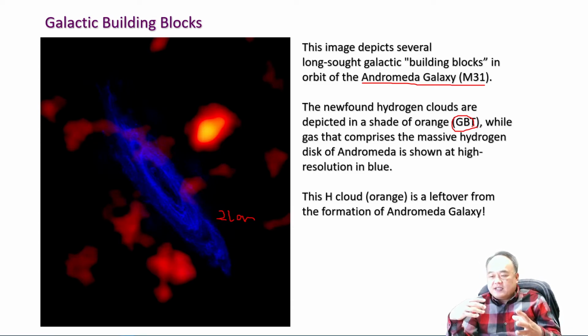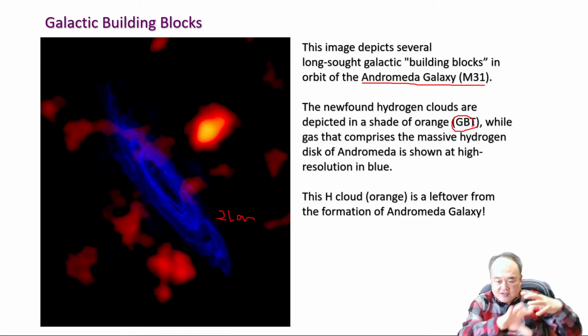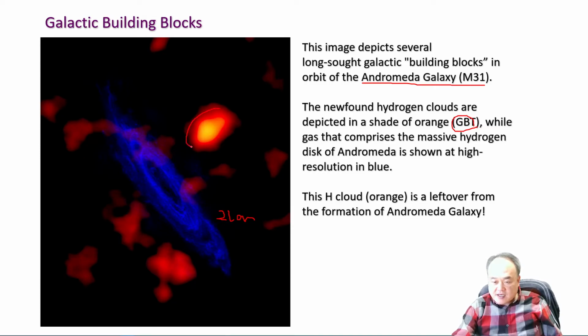So this Green Bank telescope looked around the Andromeda galaxy region and found a concentration of hydrogen blobs. The detection of a blob so close to M31 cannot be a coincidence, so we believe these are connected.